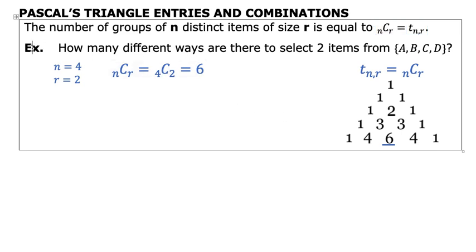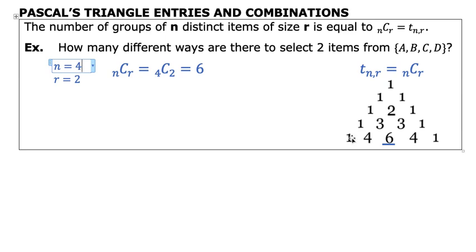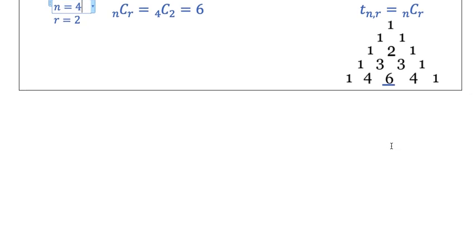Let's take a look at an example. How many different ways are there to select 2 items from A, B, C, and D? Our number of objects is 4. Our selection size is 2. nCr is 4 choose 2. And that is row 4 (0, 1, 2, 3, 4), position 2 (0, 1, 2), which is 6. So we can use Pascal's triangle to quickly do mental calculations with combinations.